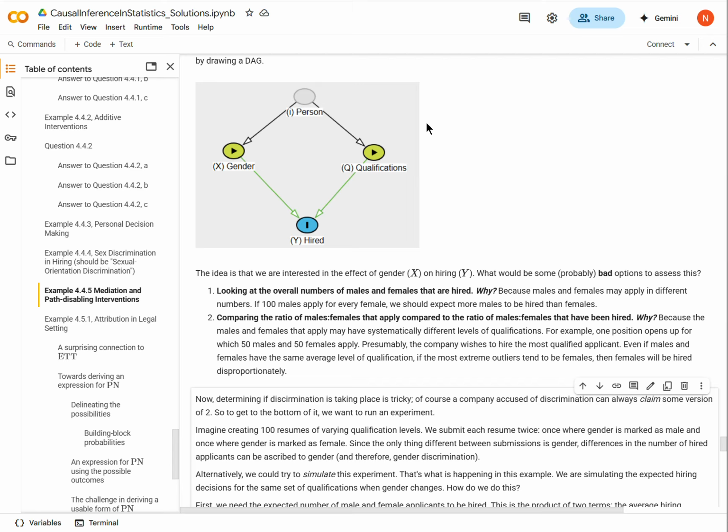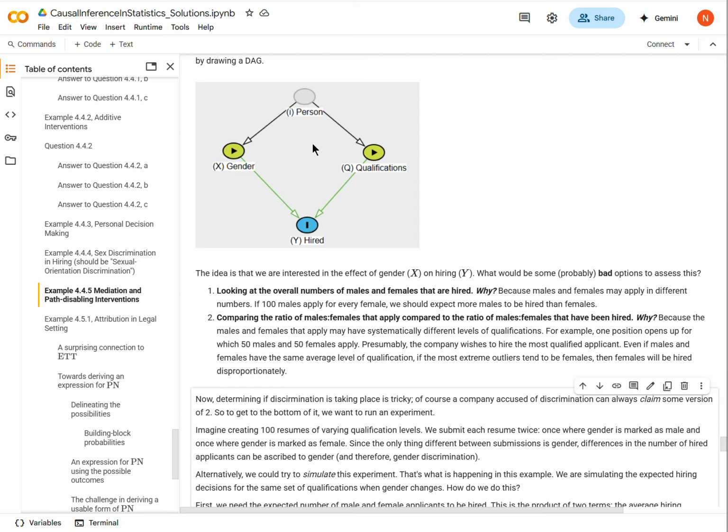So then differences would thereby reflect just differences in which sex was somehow preferred on some level by the hiring committee. But we're not doing that, right? So we're not going to run an experiment, but we are going to try to simulate that experiment statistically.